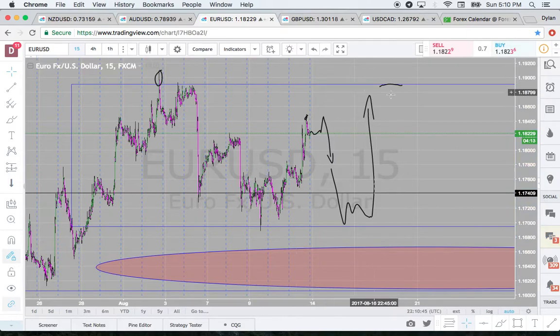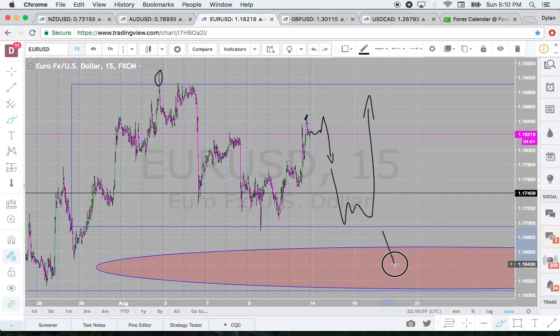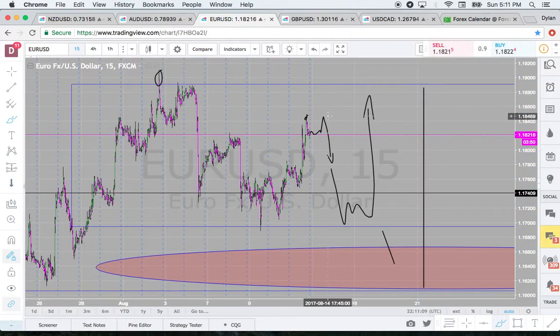If that may not happen, it may just spike to the low, like we see here, that W formation, or even as low as 1.64 or 1.6, and then continue its move upwards.